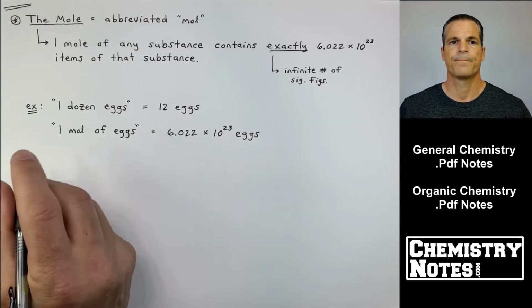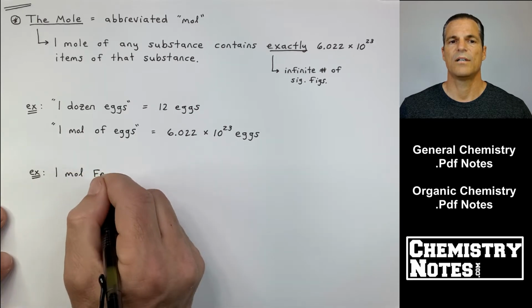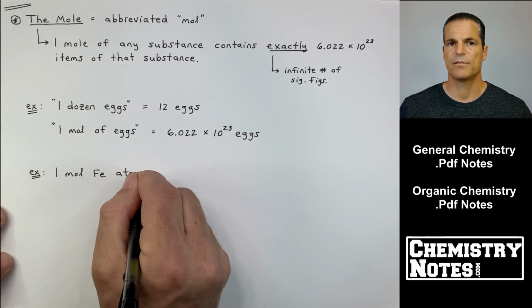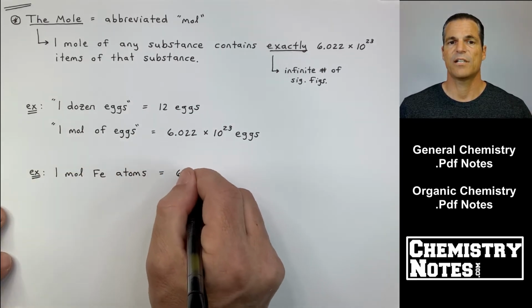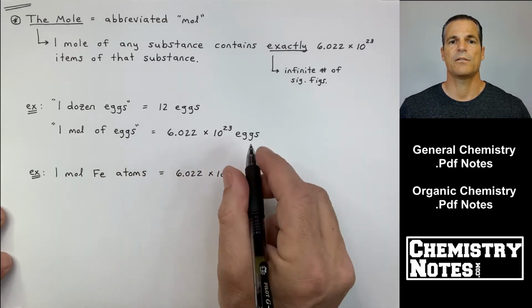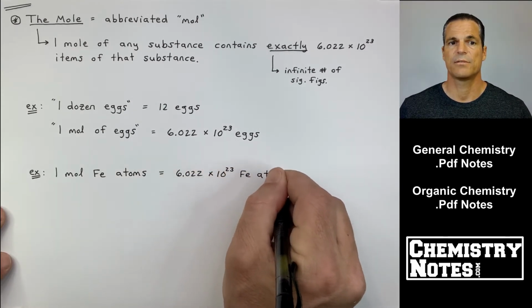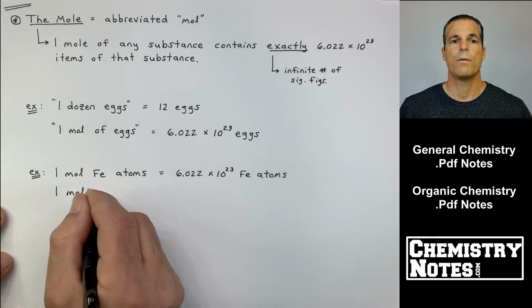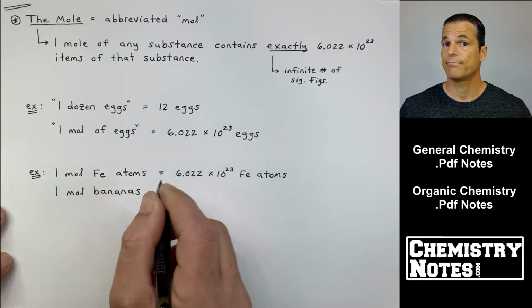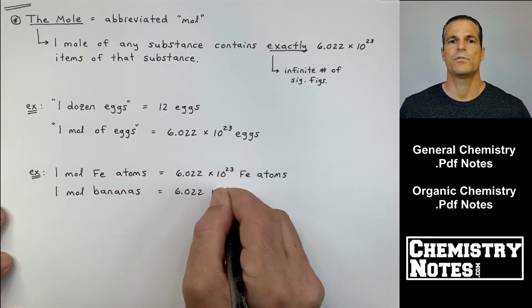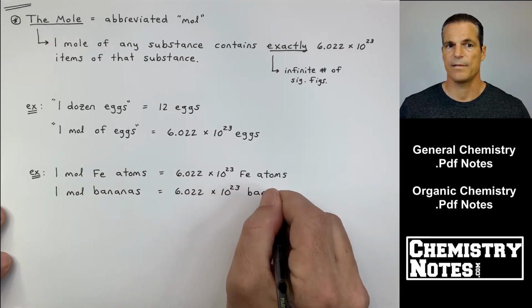Another example, if I have 1 mole of iron atoms, I have 6.022 times 10 to the 23rd iron atoms. If I have 1 mole of bananas, you guessed it, 6.022 times 10 to the 23rd bananas.